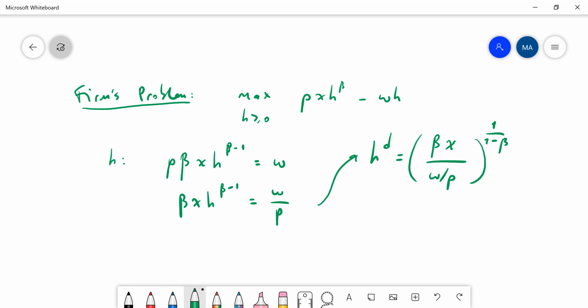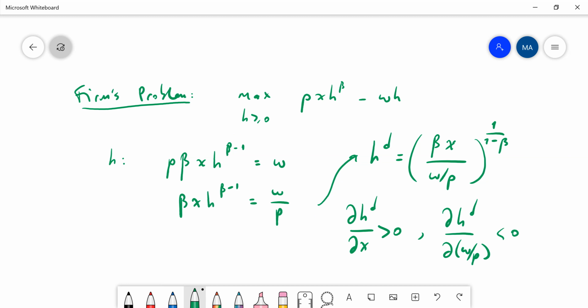So what does it tell me? If the firm becomes more productive, then labor demand increases. If real wage is higher, labor demand decreases. Okay. So that's the end result of the firm's problem.